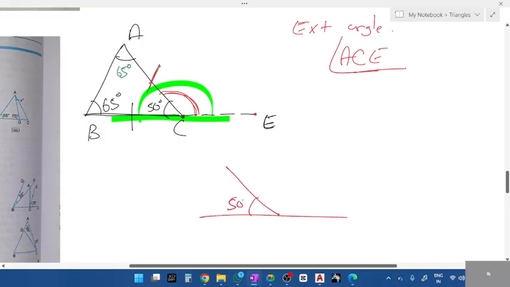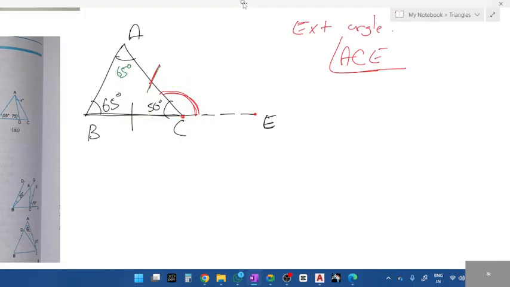If this is 50 degree, what will be the exterior value? What's the entire value of a protractor? 180. So what will be the exterior value? 180 minus 50, that is 130 degree. So you have to target which vertex is split into two, students.